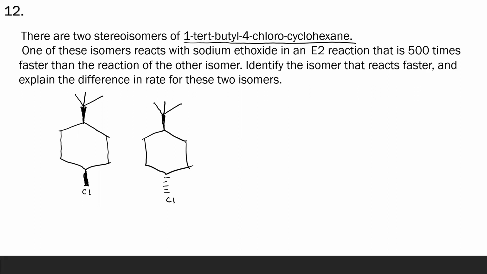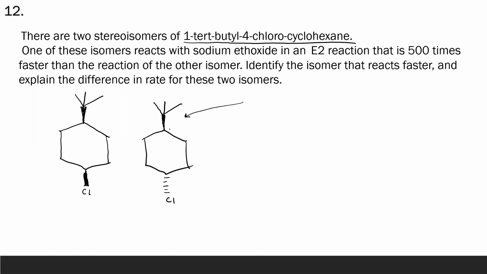So here are your two isomers, and the question is which one will react faster? Now, you notice the tert-butyl group is locked in the same position on both molecules, and you're probably wondering why. Why didn't we draw a dash on one of those?